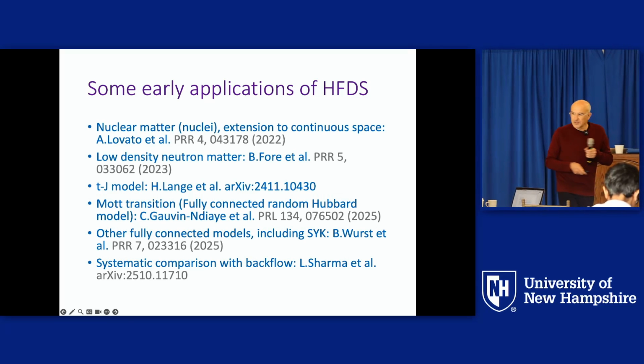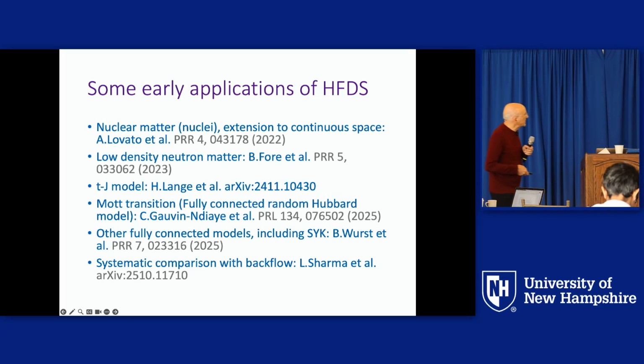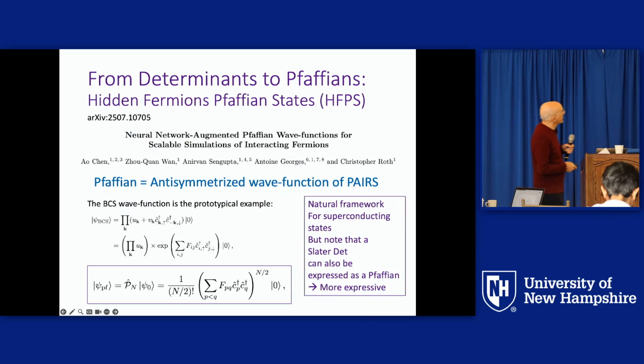If I have time, I'll talk about this at the end. Other fully connected models, including Subir's SYK. And recently, there is a paper here you might be interested in, which establishes a systematic computational comparison to backflow wave functions of the original hidden fermion wave functions by my colleagues in France at the Collège de France.